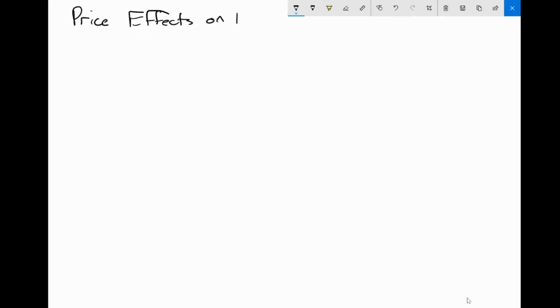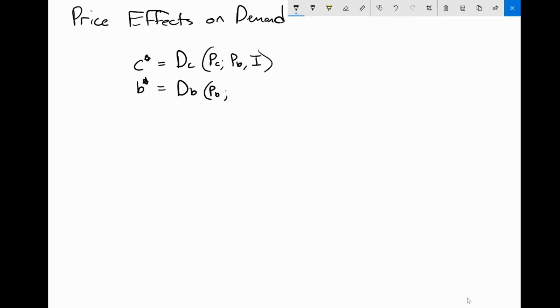On demand. Okay, so now demand, so we talked about in the past lecture that we have some goods, coffee and bagels. Then we identified the demand function by solving the utility maximization problem, and we say that the quantity demanded is a function of the price of that good, and then it has parameters, the price of the other good, and then income. So the demand for bagels is a function of the price of bagels, the price of coffee, and then income.